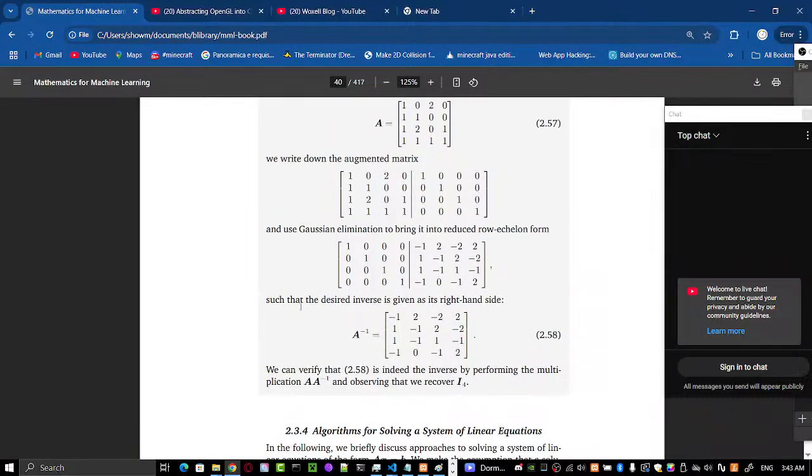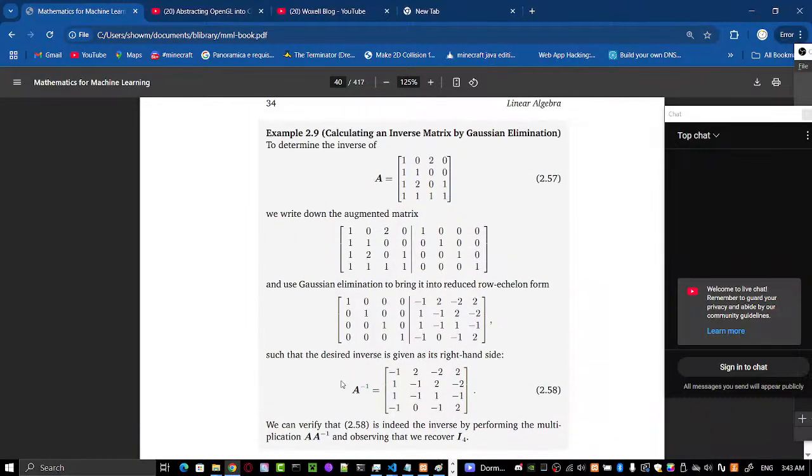So we learned about this thing, right? We calculate the inverse of a matrix. This is pretty interesting, right? We have this data, then we write the augmented matrix with an identity matrix.